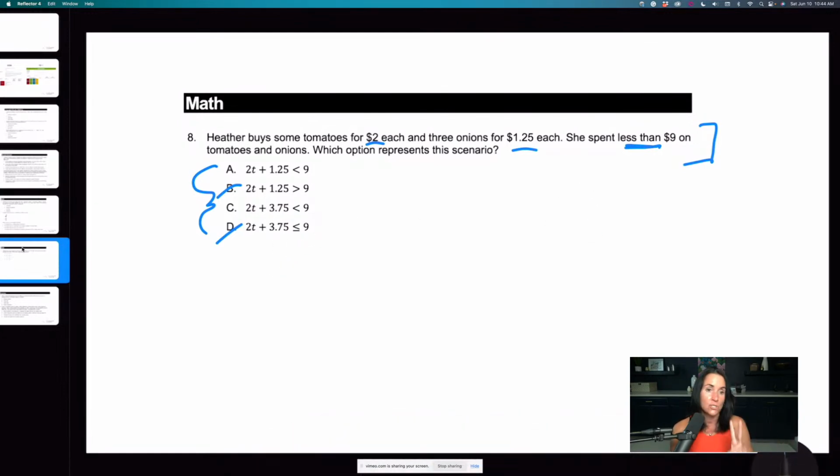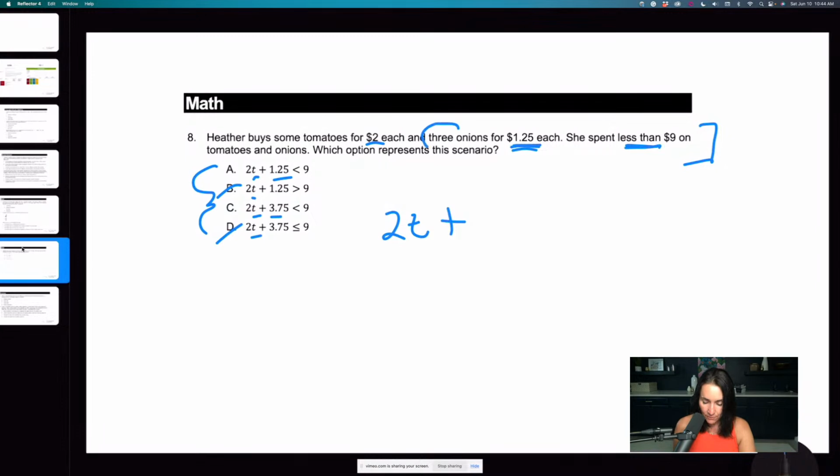So now I'm down to just 2 answer choices, A and C. Sorry, A and C. Now let's have a look. So we have tomatoes. I noticed these T's in the answer choices. Again, I'm using my answer choices here to figure things out. And the 2 is attached to tomatoes. So I know that we've got a 2T here, but then we have this 1.25, and I can see A says plus 1.25 and C says plus 3.75.